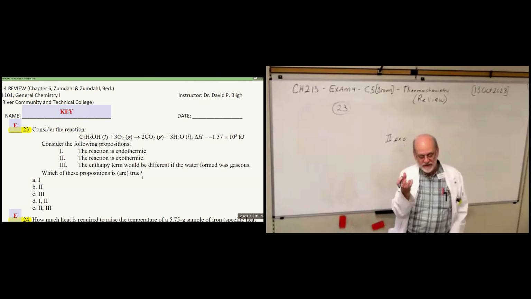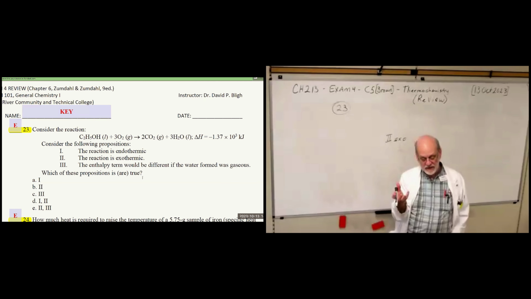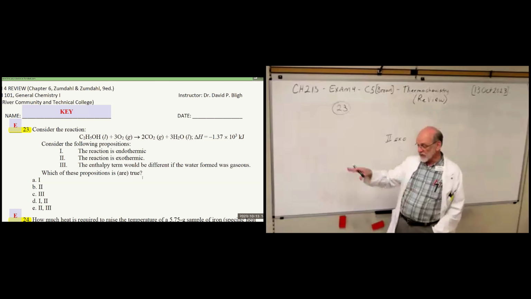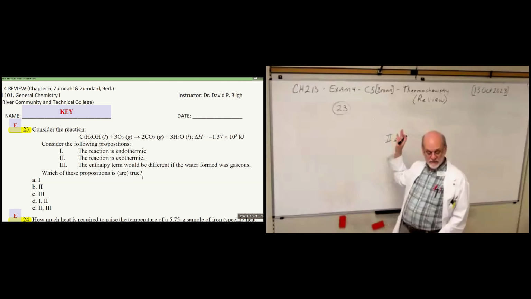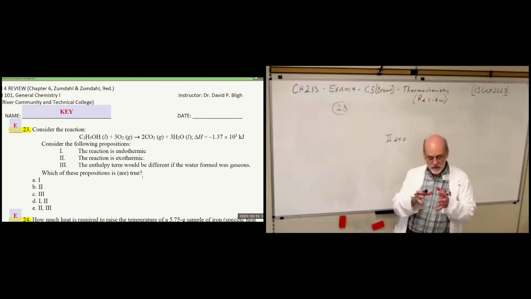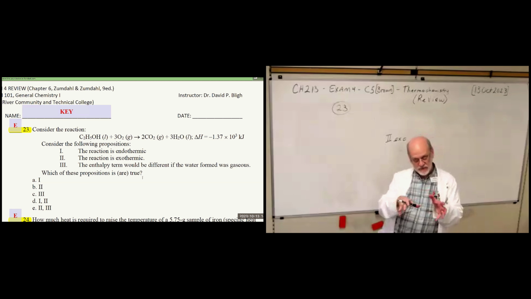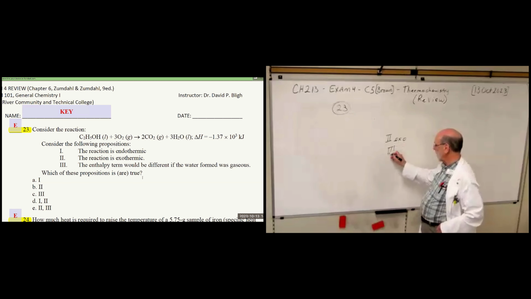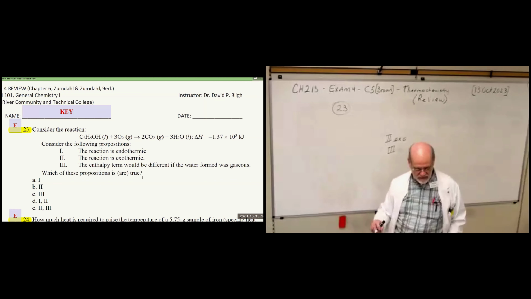It's still got the energy, right? So the delta H would be a smaller value. Maybe not much, but it would be smaller. So for thermochemistry, the phase of your reactants and products matters to the value that's assigned to the enthalpy. So 2 and 3 are the correct answer, which would be E.